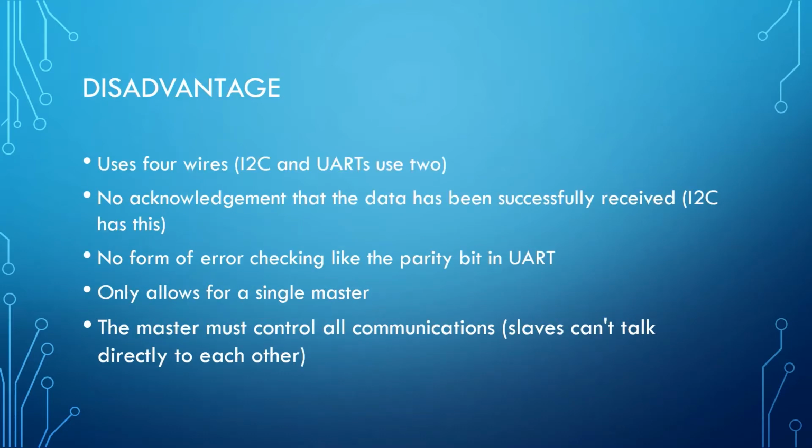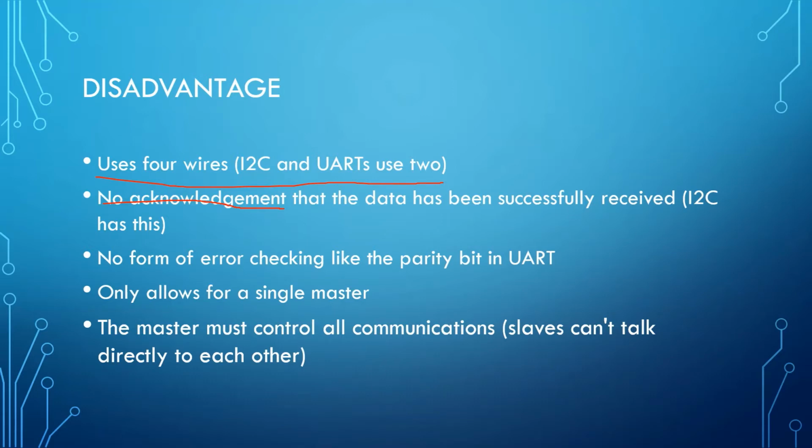The disadvantage of SPI is that it uses 4 wires, so we can use it only for short distance communication, because for long distance the cost will obviously increase because of the 4 wires. There is no acknowledgement that the data has been received successfully. There is no form of error checking like a parity bit.